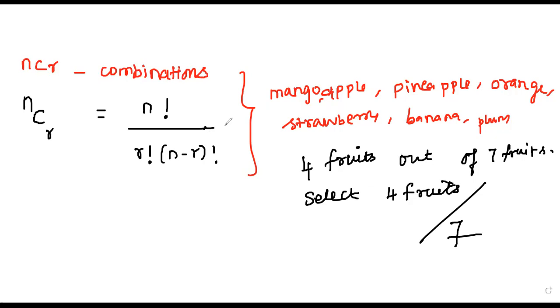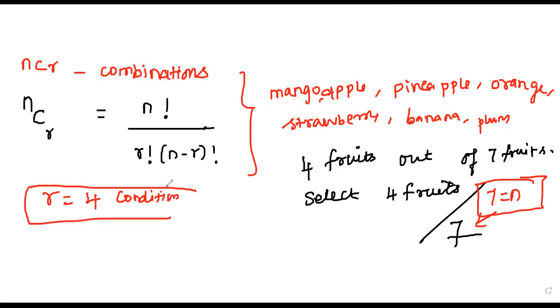So 7 is nothing but the total number of fruits. So 7 is N in the combinations formula. And R is nothing but the fruits you are selecting. The condition: you're going to select 4 fruits. That is going to be your R. Okay. Just substitute here.